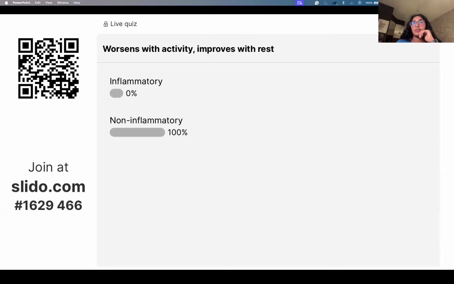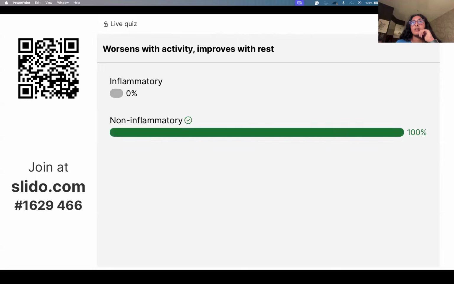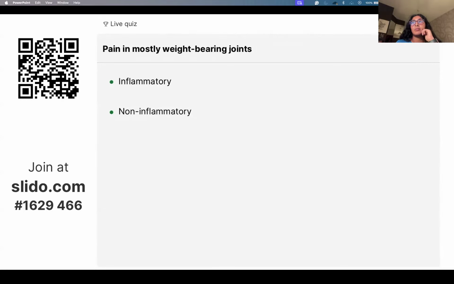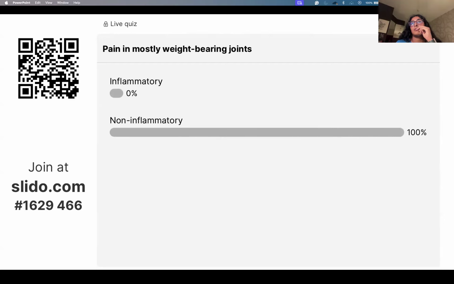Okay, great. Non-inflammatory. Pain in mostly weight-bearing joints. Brilliant, non-inflammatory.